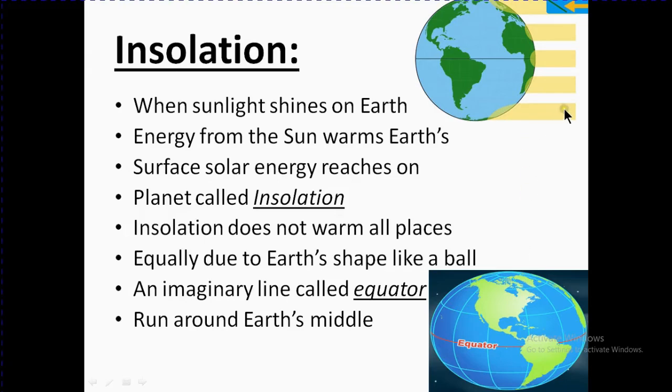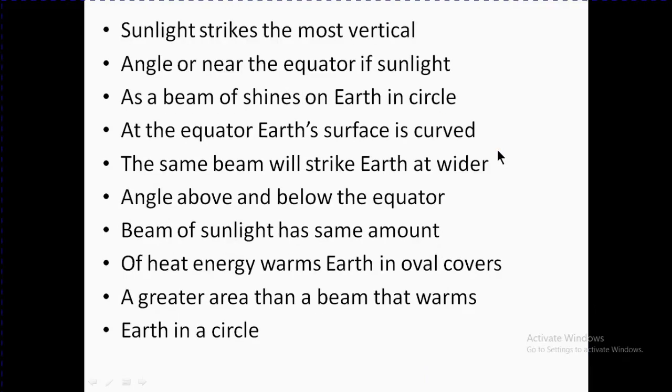When the sun rays or sunlight strike, they make different types of angles and shadows on the surface of the Earth. Sunlight strikes at the most vertical angles near the equator. If sunlight is a beam that shines on Earth in a circle at the equator, Earth's surface is curved.